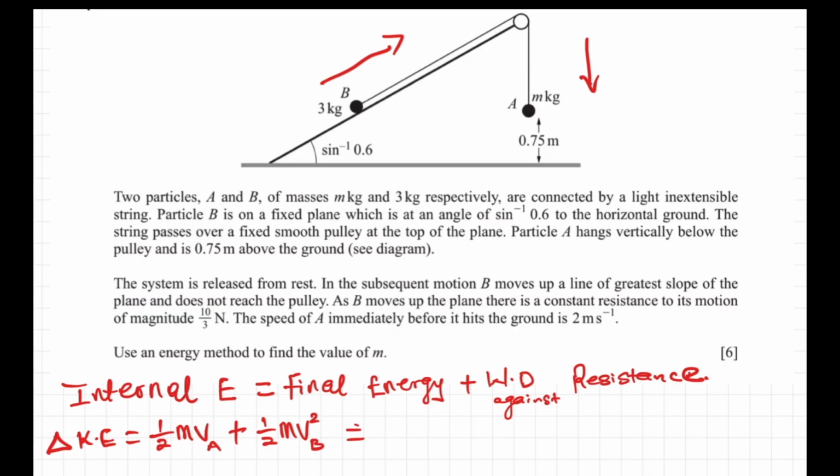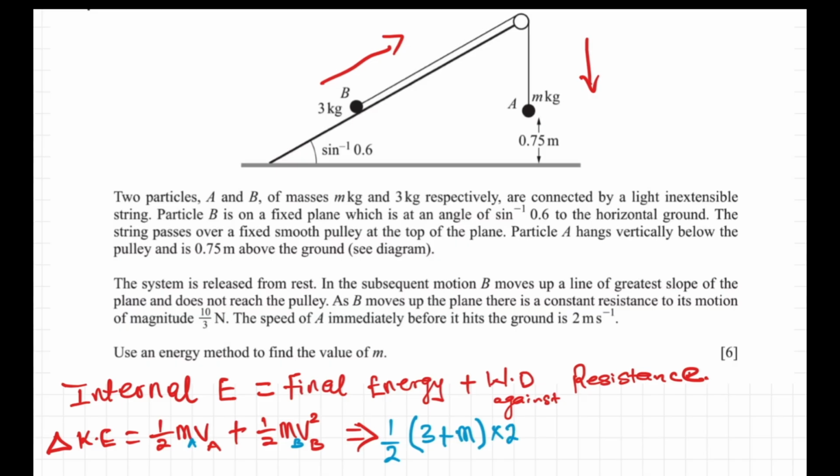So from there I'll have 1 over 2 times (3 plus m) times the speed, which will be the same, right? Because the particles are moving at equal speed. So this is A, this is B. The speed this one comes down is the same speed this one goes up.